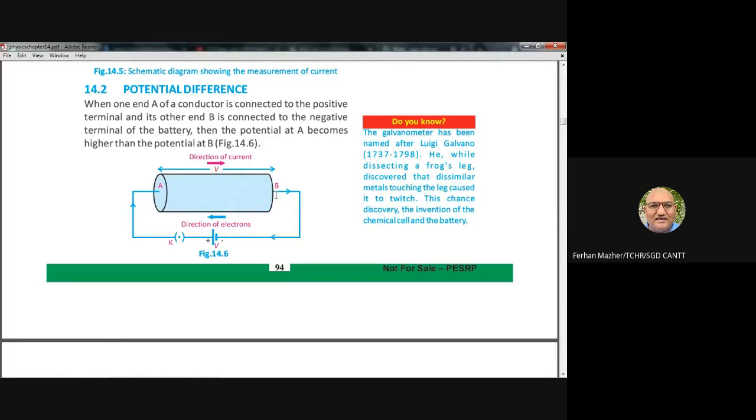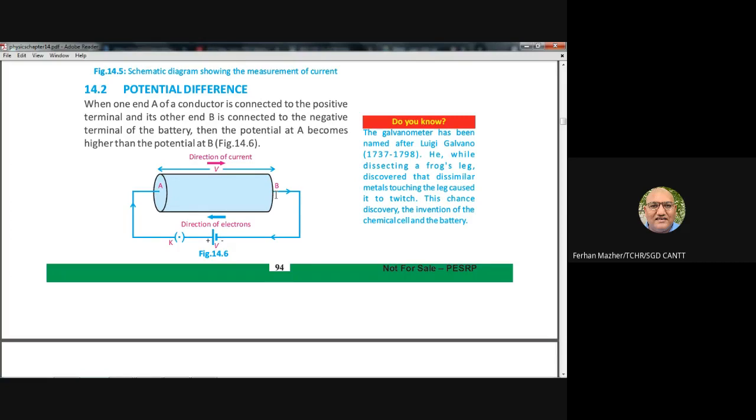You should know how much electric energy is converted into any other form of energy, and you divide it by the amount of charge which is flowing from there. So you will get the potential difference. So the potential difference definition is also the same. It says the amount of electric energy converted into any other form of energy when unit charge flows through that resistor is called the potential difference.